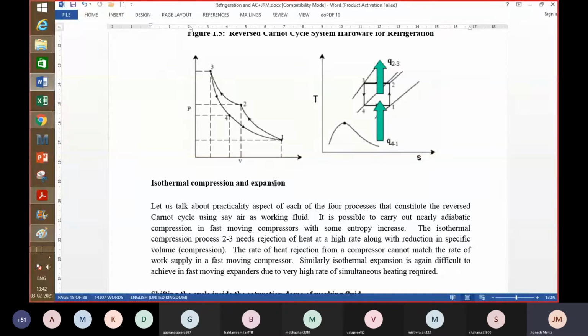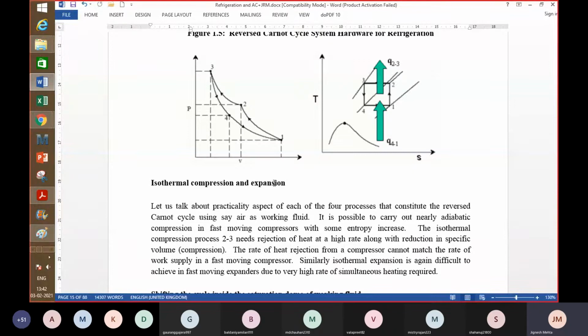Enthalpy change is also very high, but heat can't escape at a very rapid rate, because we would like to make those components compact, and they are running at a very high speed. So the fluid is moving at a very high rate, and you don't have enough surface area for the heat to escape. Because of these reasons, carrying out isothermal compression and expansion is very difficult, and you can say impossible in fast moving machines.